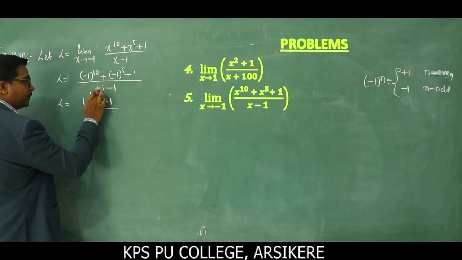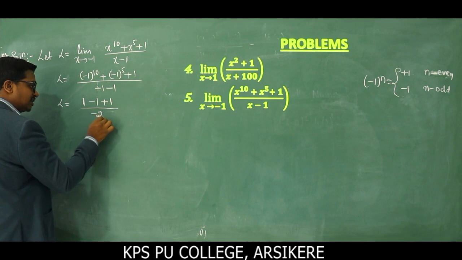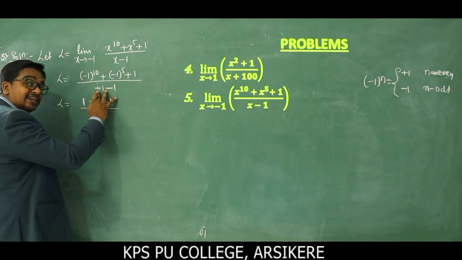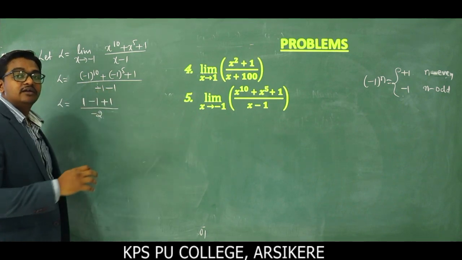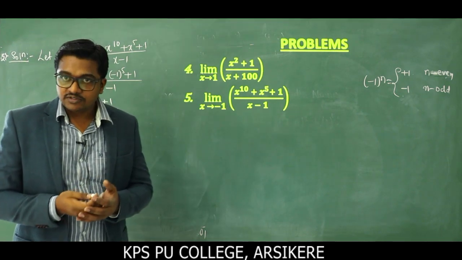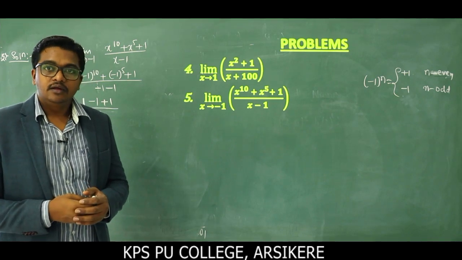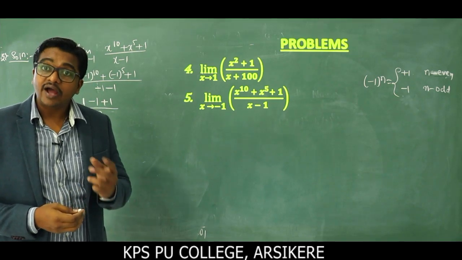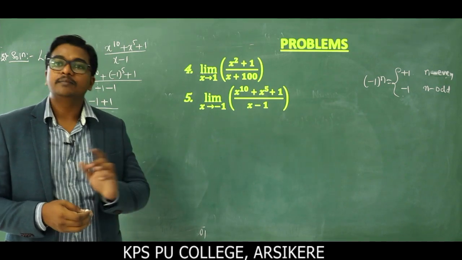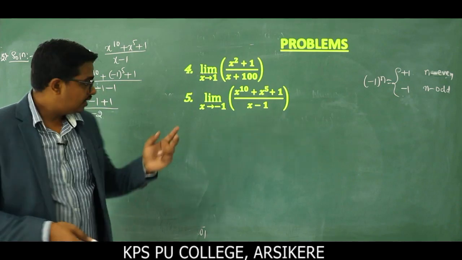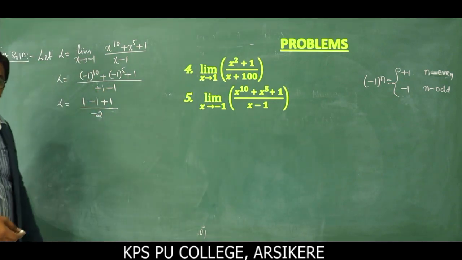Whole divided by minus 1 is minus 2. We are adding the terms because both have identical signs. When two terms have the identical sign, the operation is a sum. In that case, we add them, either plus or minus. When both are plus, that becomes plus 2. When both are minus, that becomes minus 2.